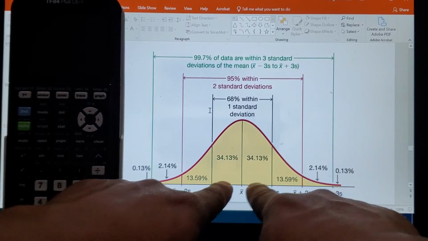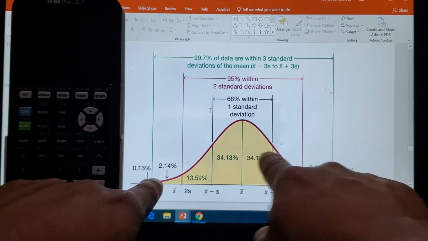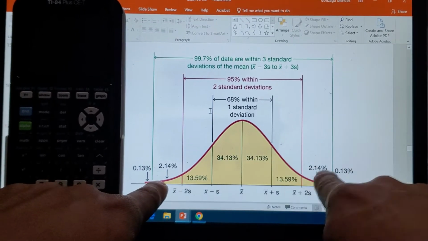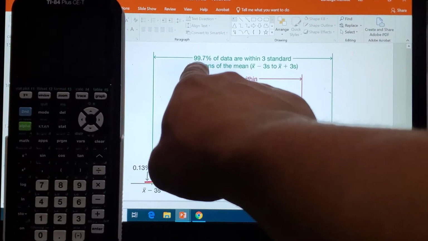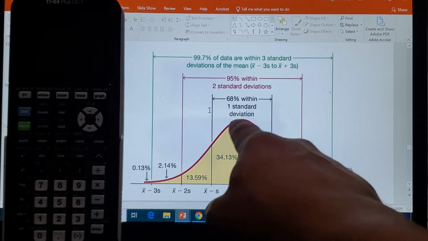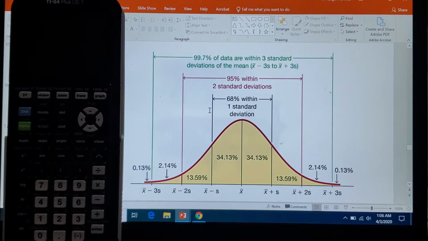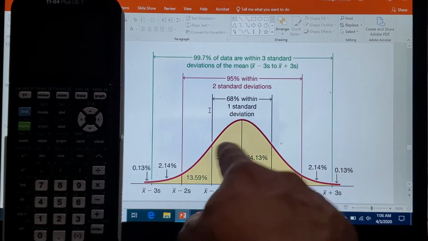And now when you go 1, 2, 3 standard deviations, that means all this in here should represent 99.7% of your data values. As you can see, the majority of your values are already within just 2 standard deviations.